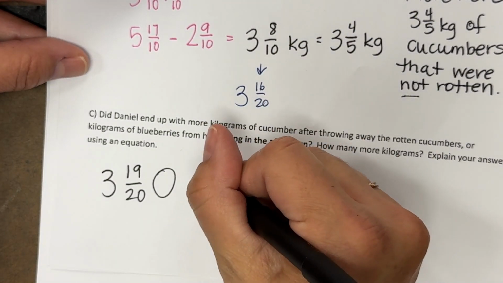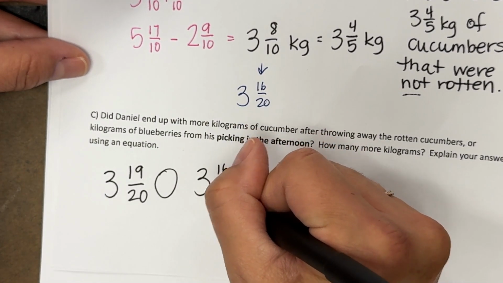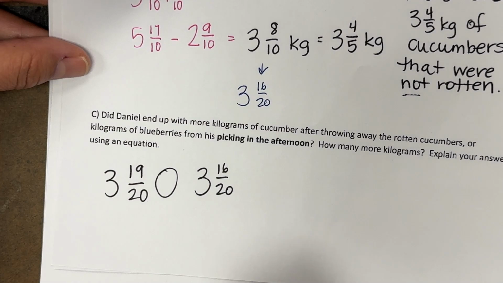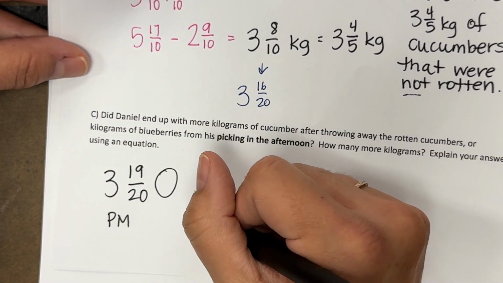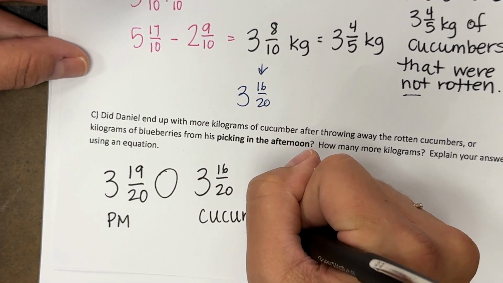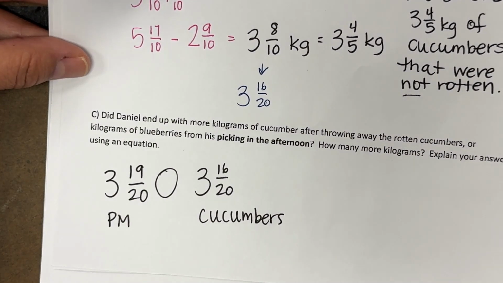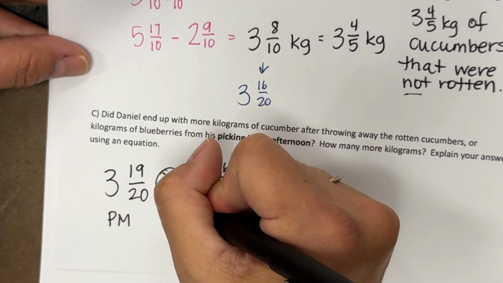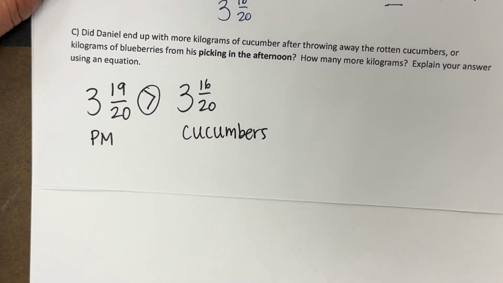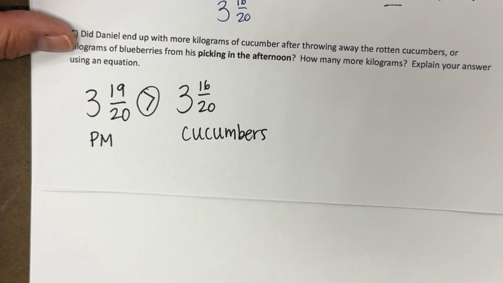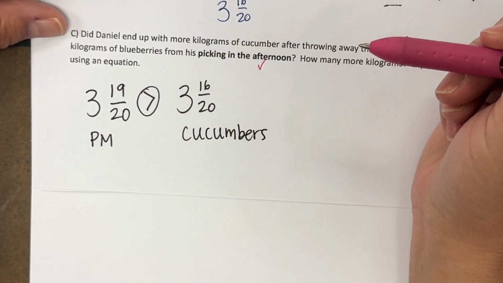So that's what you're comparing here, 3 and 16/20. Okay, this is the afternoon, and this is cucumbers. And we can see that he had more blueberries from the afternoon than he had cucumbers that were still good. Okay, so we've answered this question.